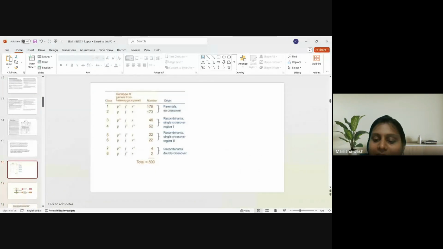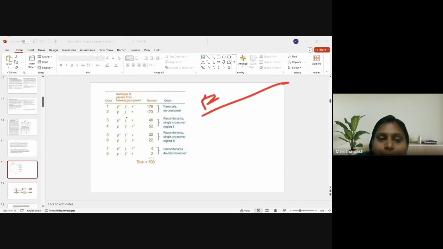So the distance between P and J, how much did I calculate? That is 20.8. Everyone understood that part? Since we are calculating the distance between P and J, we have to take the crossover between P and J, which is nothing but 46 and 52, then the double crossover.